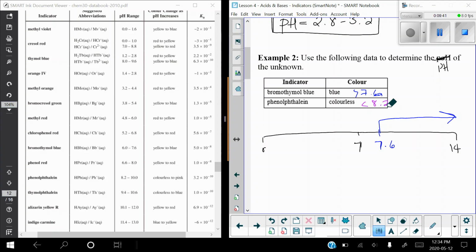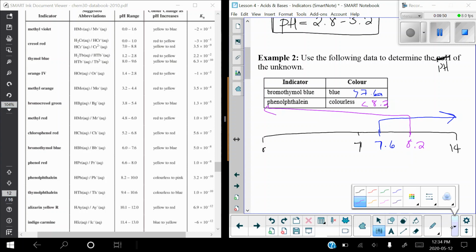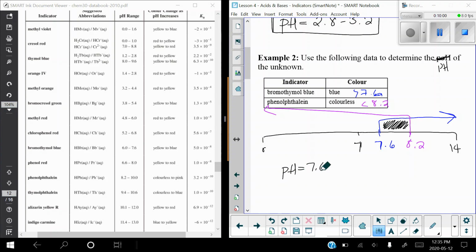Okay, so I'm going to find 8.2, and I'm going to go that way. Okay, then we see where they all overlap. It overlaps right here. pH is between 7.6 and 8.2. Lovely.